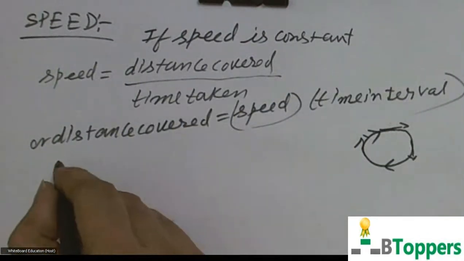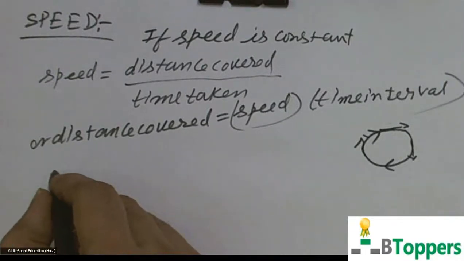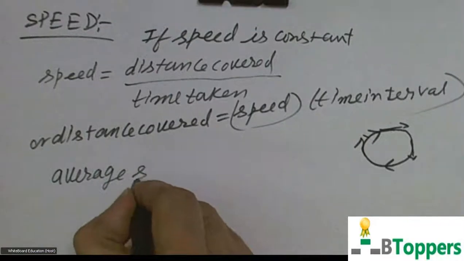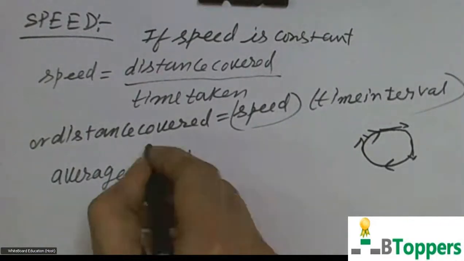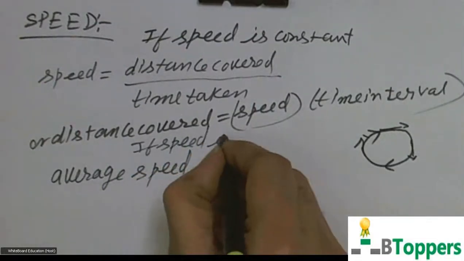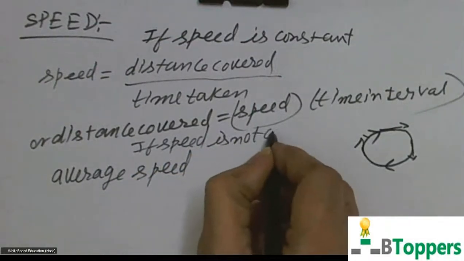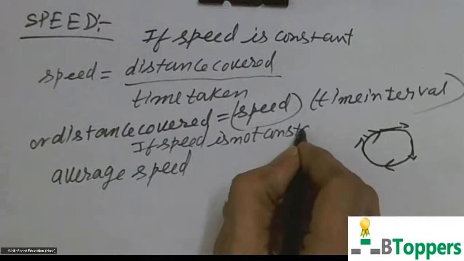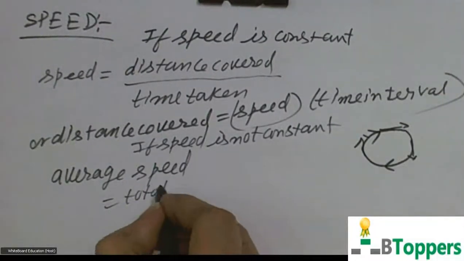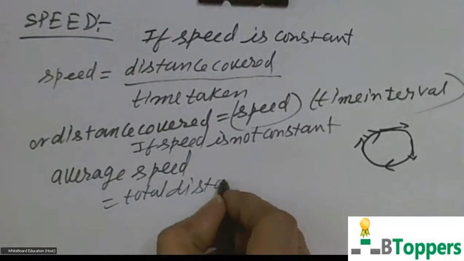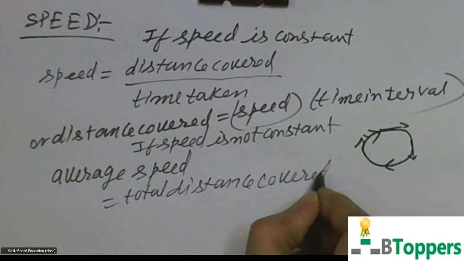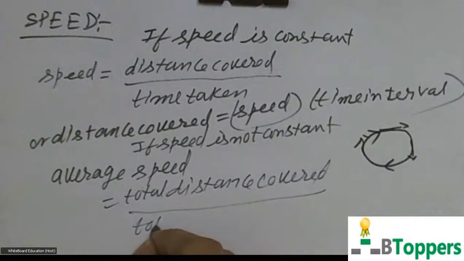If the speed of the particle is not constant, then the average speed of the particle is calculated by dividing the total distance covered by the total time taken.